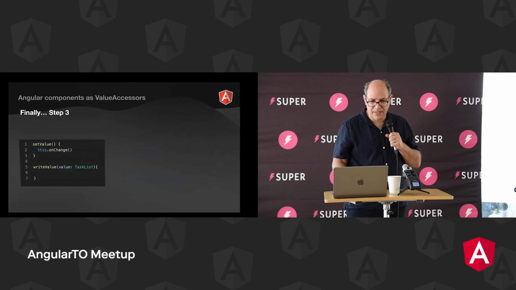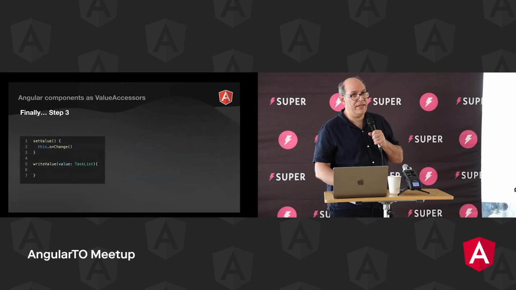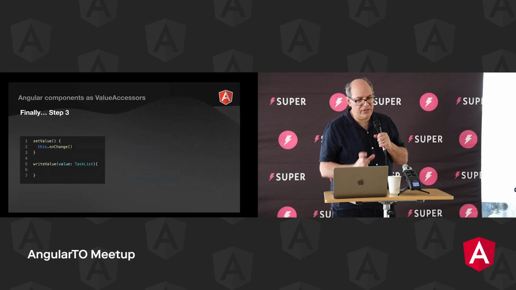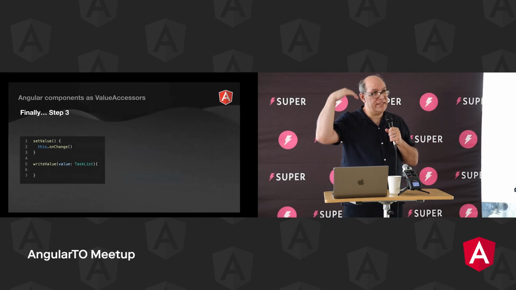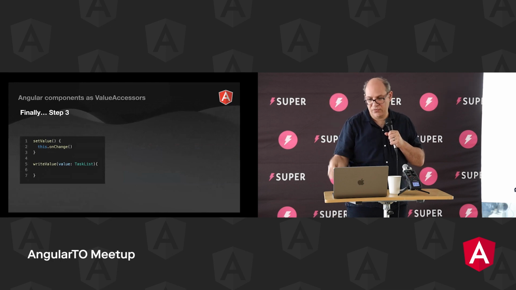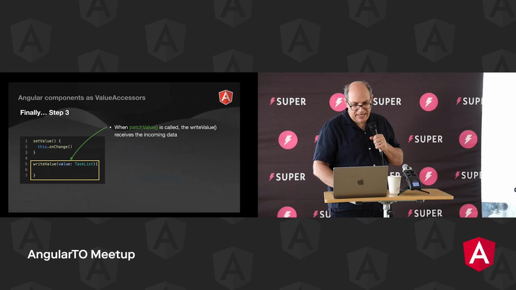And that's it. Now, you can go ahead and create a special method if you want called setValue, and you can call this on change. When you call this on change, you pass the value, and this value that gets passed gets sent back to the parent control automatically. So that's what happens.